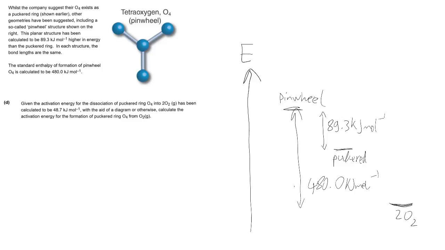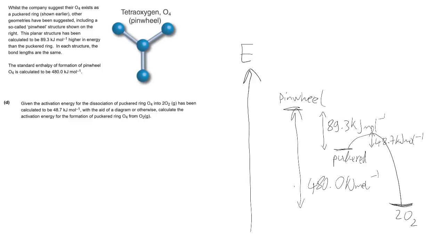And lastly, we're given that the activation energy for the dissociation of the Packard ring O4 into 2 O2 is 48.7 kilojoules per mole. Now the activation energy is going to be the energy between the Packard state and the transition state over here, so this is 48.7 kilojoules per mole.